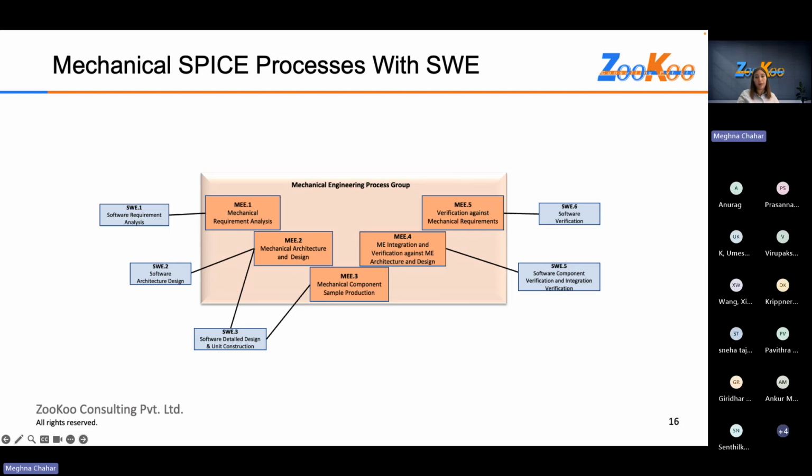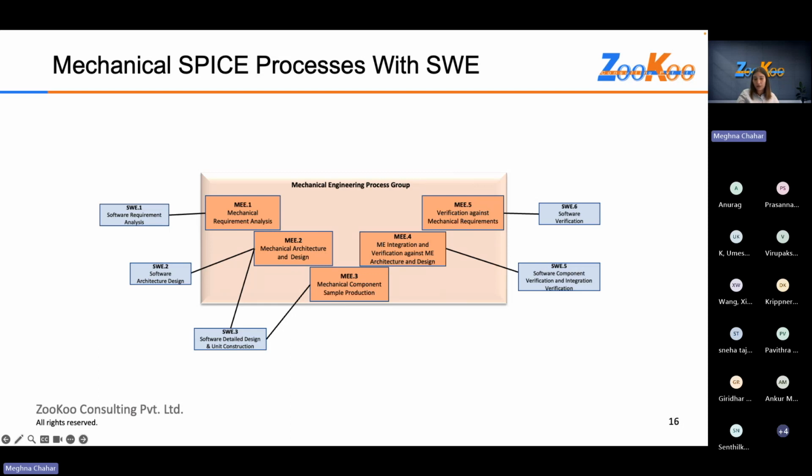Another important point is that MEE3 does not describe your series production. It only talks about the support for sample production. So it is about the pattern, what we are really going to do from the development area. It is only about support. How can we work after it from the development side?